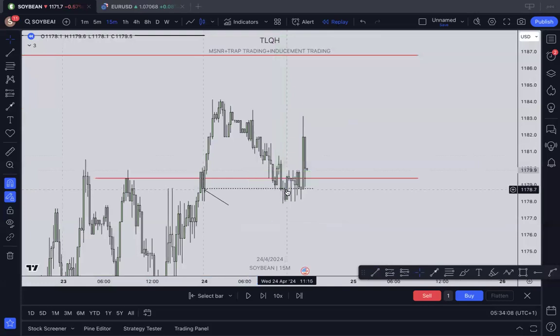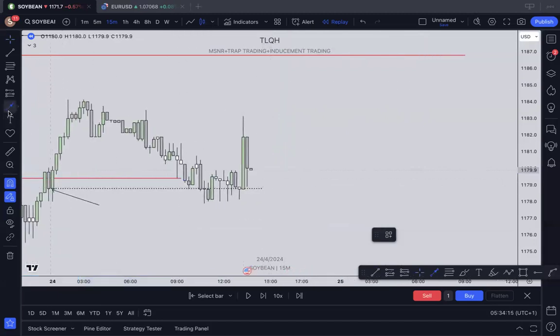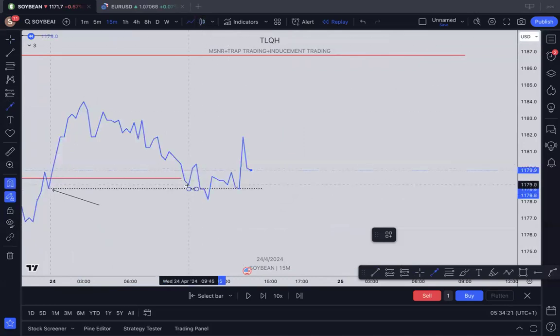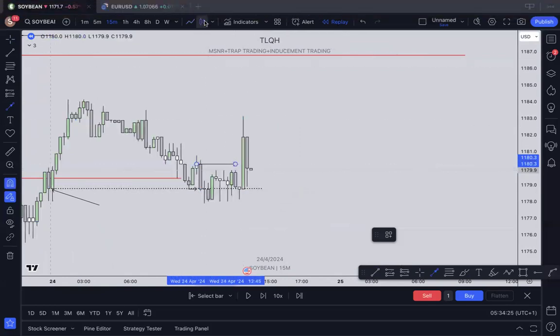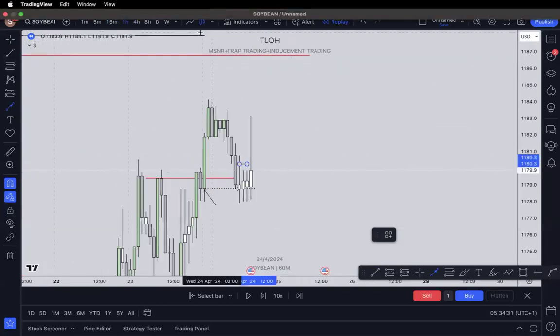Okay, so say for example, you wanted to take a trade based off of a QM once you've got that extra confirmation. So we have our low taken there and our high taken here. From there, where's our H1 level?